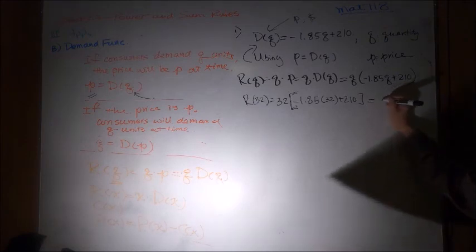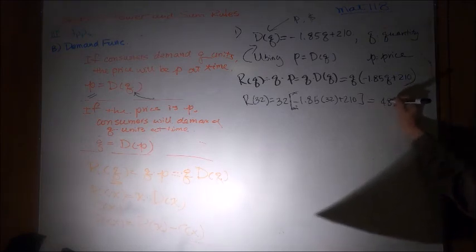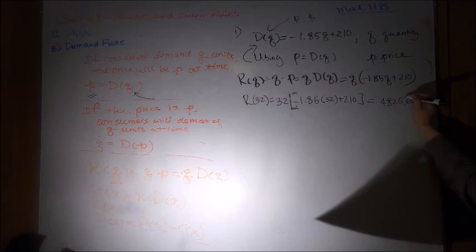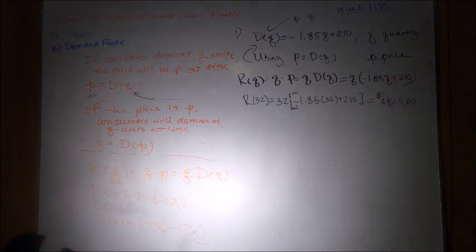So you will have 4825.60. That means the revenue for 32 items would be $4,800, something like that.